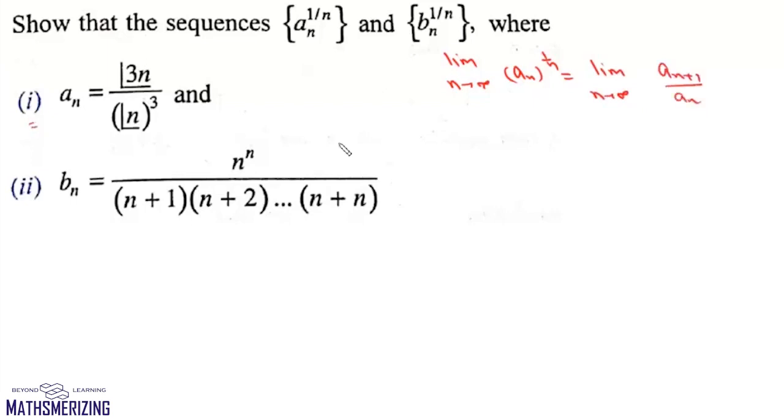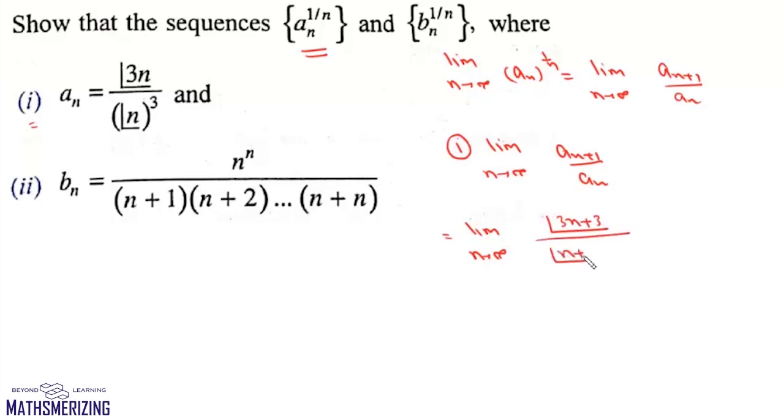So for this first one, the limit will be equal to limit n tends to infinity of an plus 1 upon an. Now an plus 1 will be factorial 3n plus 3 upon factorial n plus 1 cubed, upon an, and an is factorial 3n upon factorial n cubed.